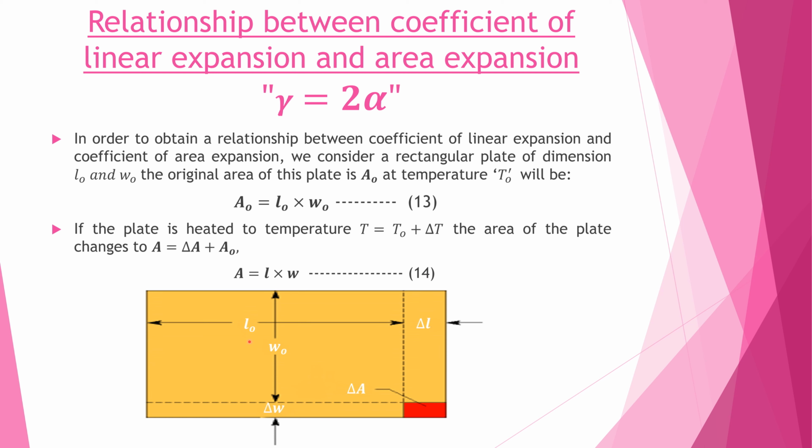So in this diagram, this portion drawn by a dotted line shows the original area, which is equal to L₀ into W₀. And because of the rise of temperature of the plate, the portion that is red in color shows the change in area of the plate.